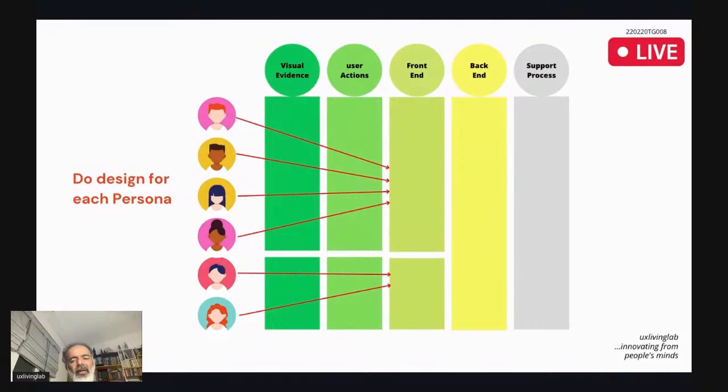Whatever you are designing for the same backend or same process, you have to consider that the user is in front of you and give the user interface according to the user's needs. That's the reason we are talking about different UI design for each persona.